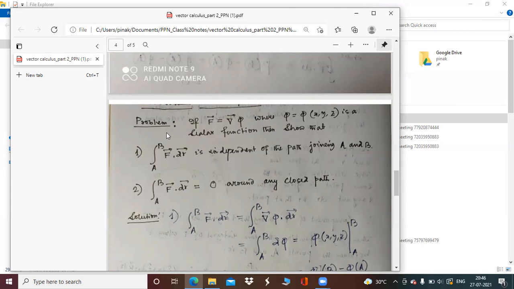So this is our problem. Actually, this problem will lead us to a very important definition which will be revealed gradually. Now let's first solve this problem.